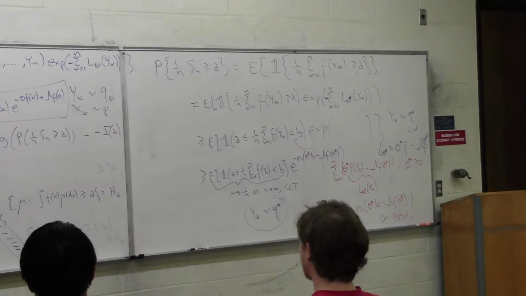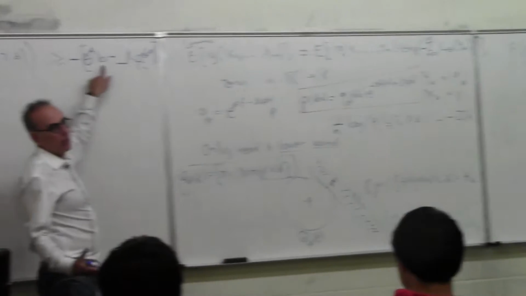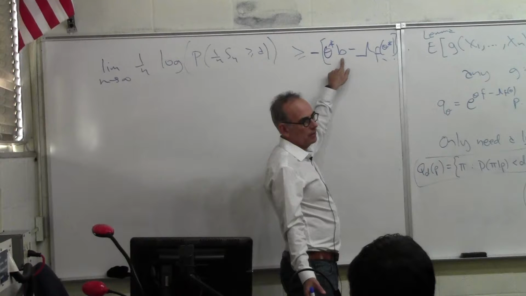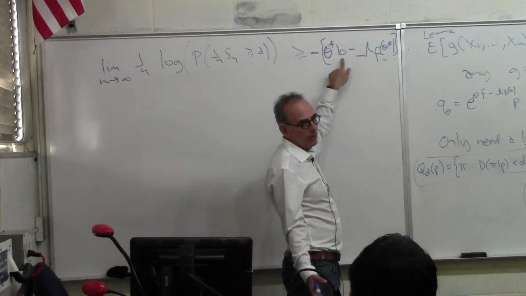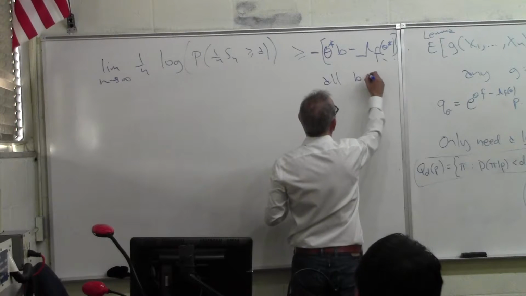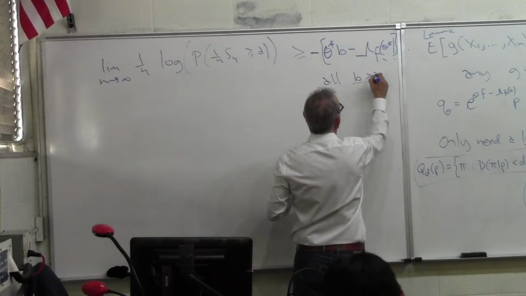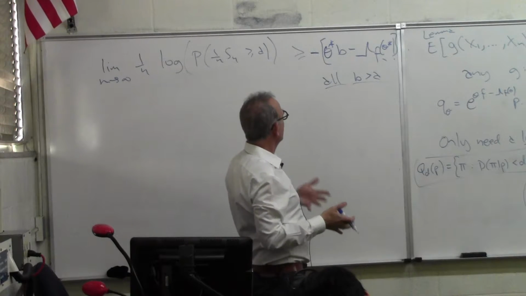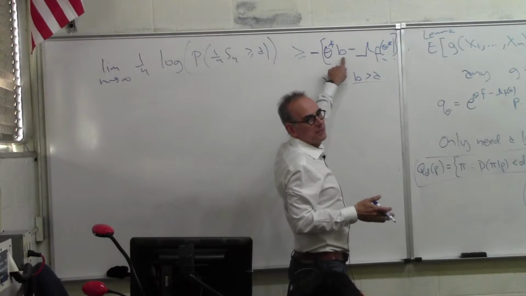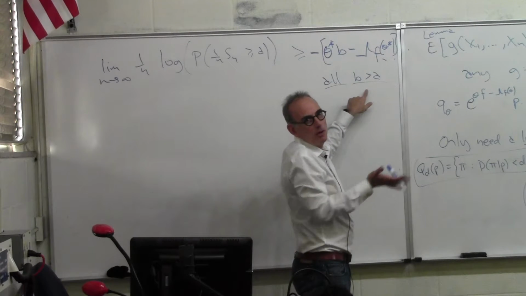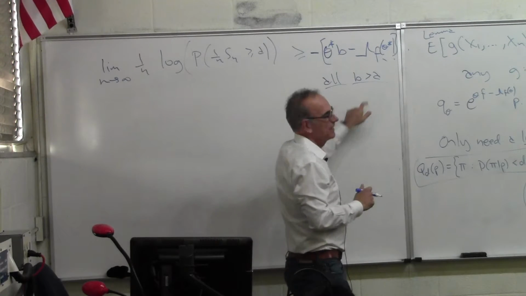And you know, as I said, I didn't want b, I wanted a. All right, but this is any b which is bigger than a. And that's a typical way you cheat in this thing. If something is lower bounded by a function of b, for any b, you can creep upwards and make it true for a as well.